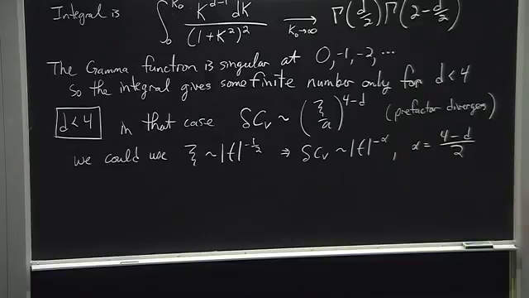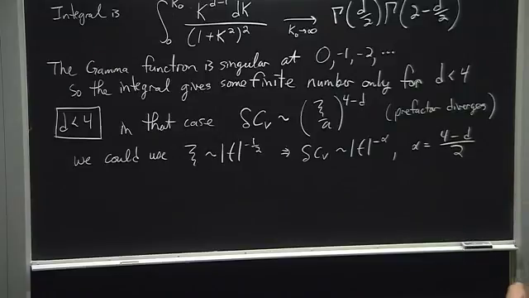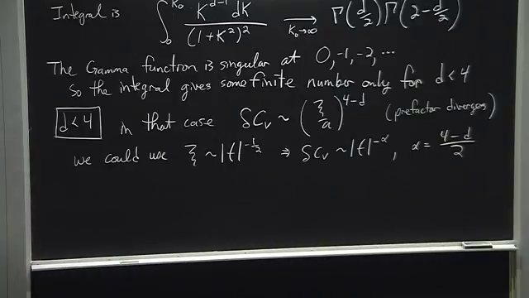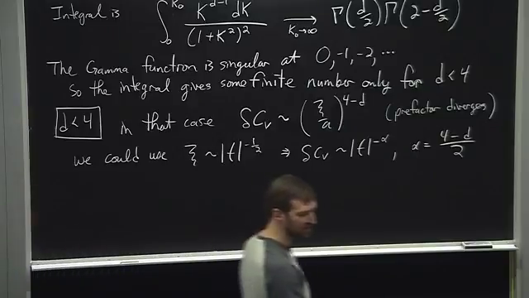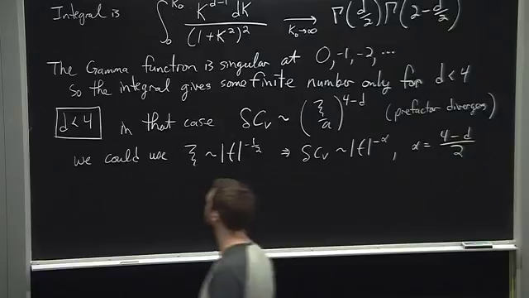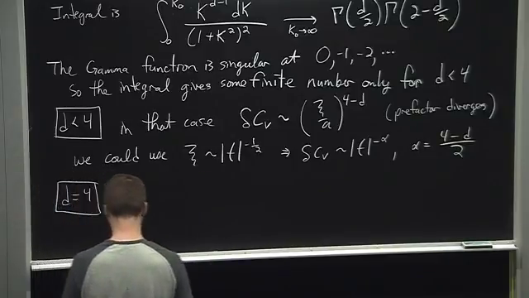Okay, so in that case, d less than 4, that prefactor matters. What I didn't do last time was d equals 4, because it's a special case. In d equals 4, this prefactor disappears, right? So now any divergence or singularities are arising from that integral. So that's kind of a special case.